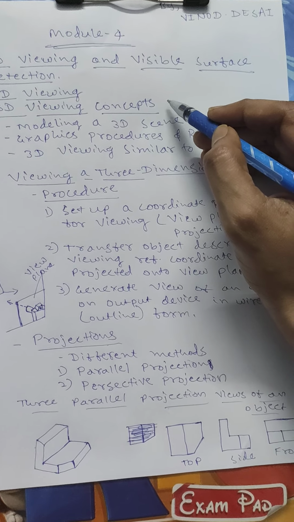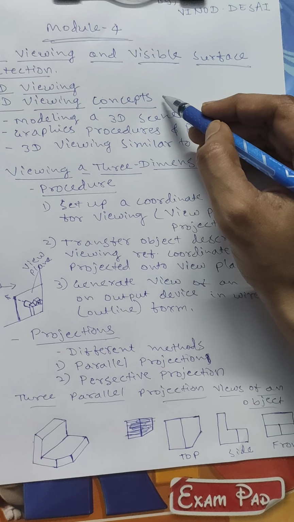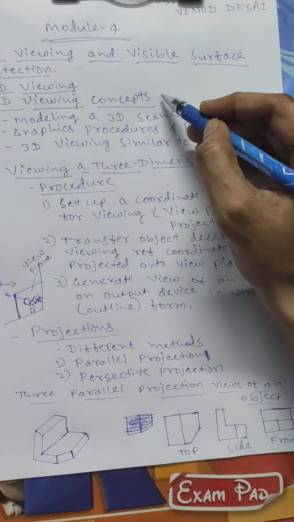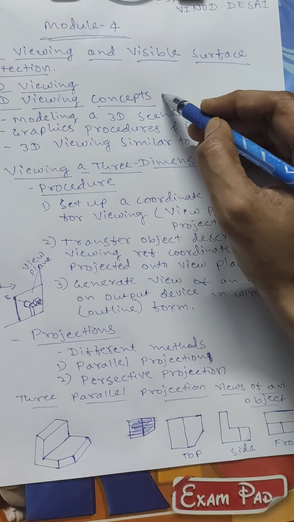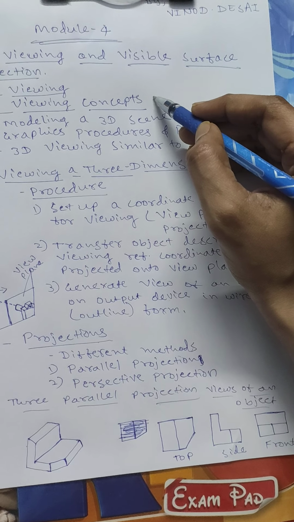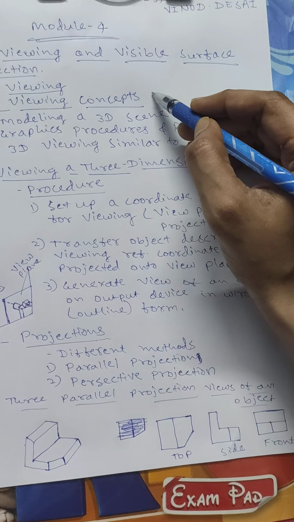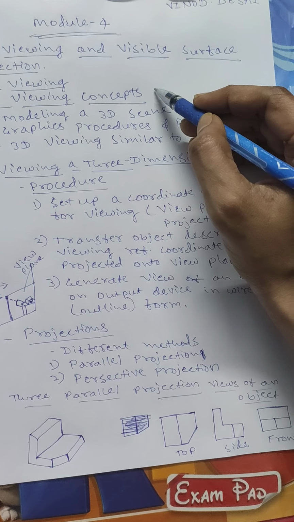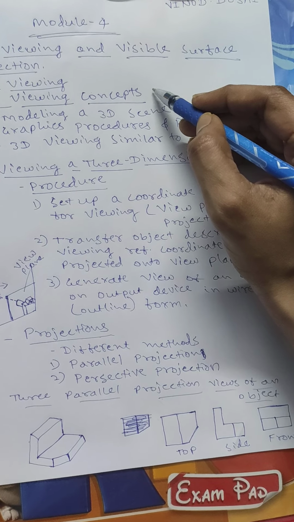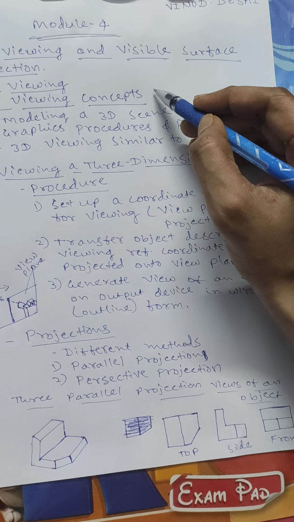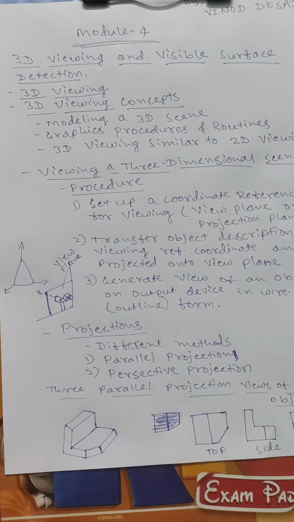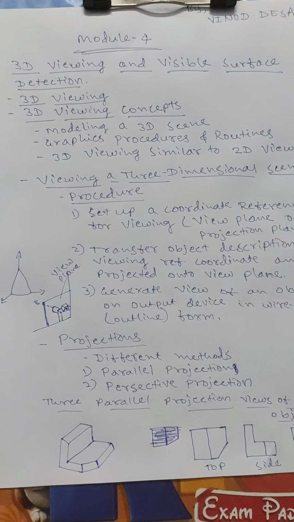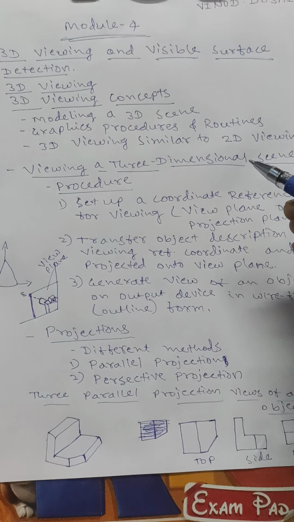For example, projection routines are needed to transfer the view of a scene onto a planar surface, visible parts of a scene must be identified, and for a realistic display, lighting effects and the surface characteristics must be taken into account. So that is what the 3D viewing concepts are.